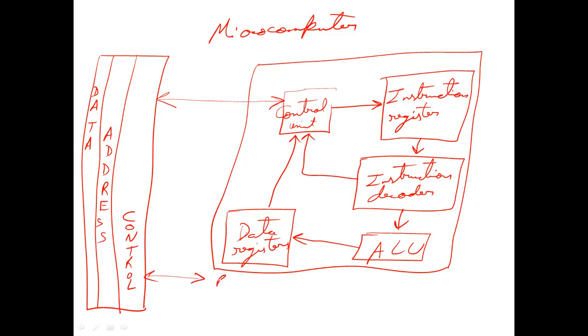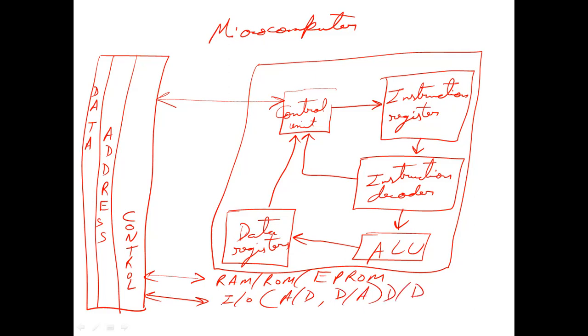There can be random access memory, read-only memory, EPROM, right? Then these buses are also connected to input-output devices. There can be analog to digital card, there can be digital to analog, or can be even digital to digital also, right?